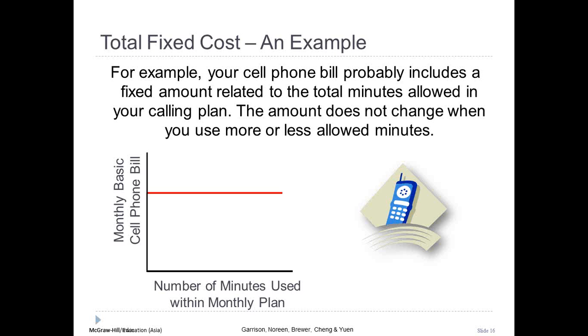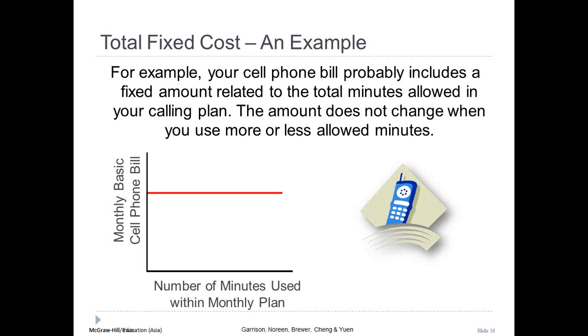So, for example, my phone in Japan costs 5,000 yen per month, even if I do not use it. In the United States, it's running at $50 a month, even if I do not use the cell phone. So that would be the fixed cost. It doesn't matter if I use the cell phone 1 minute, 100 minutes, 1,000 minutes, there is a fixed cost amount in many common cell phone plans.